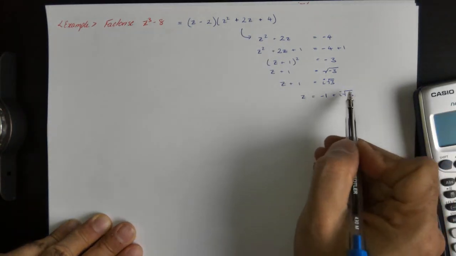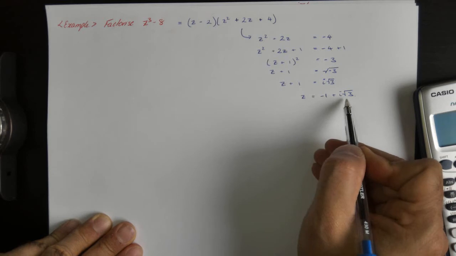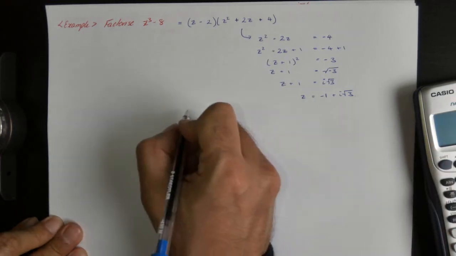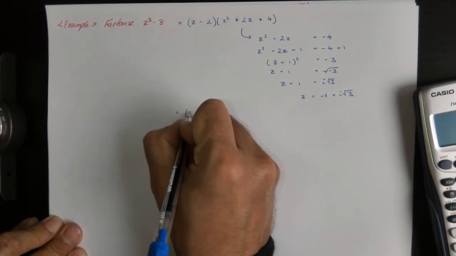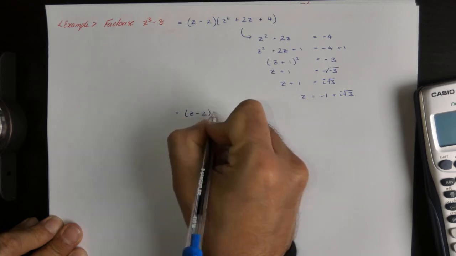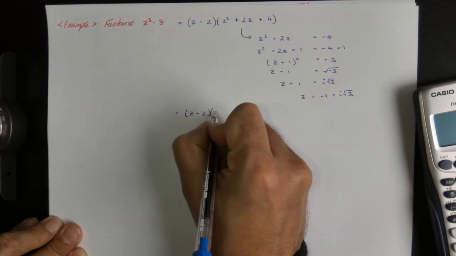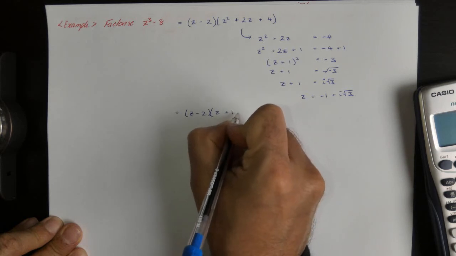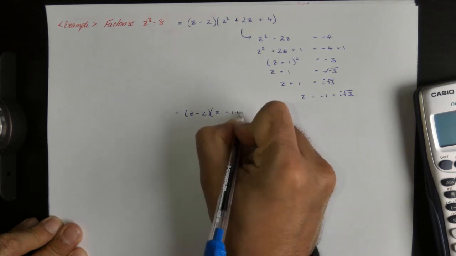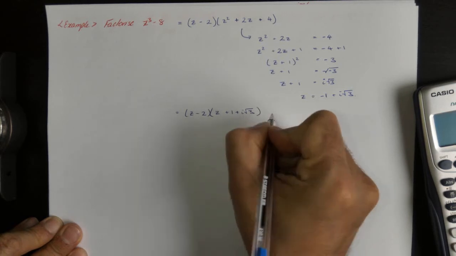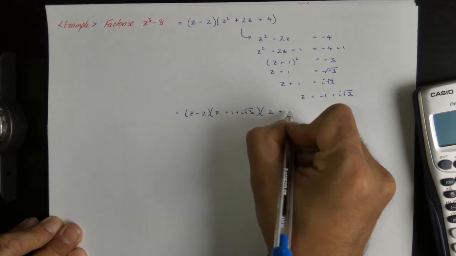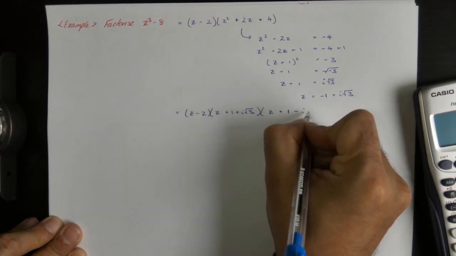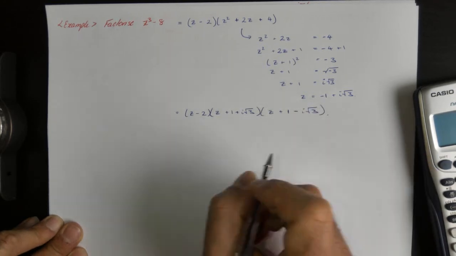So my roots are going to be z and conjugate z. So it'll be z minus, because these are the roots, z plus 1 plus i root 3, and z plus 1 minus i root 3.